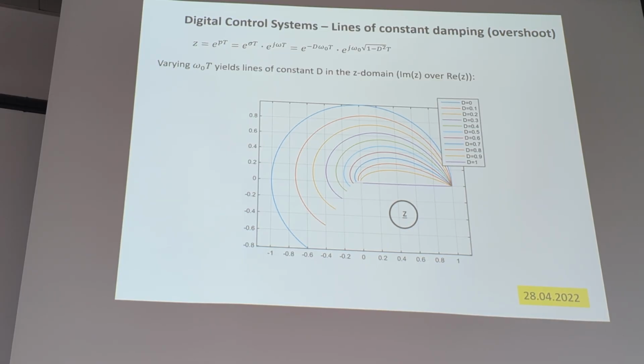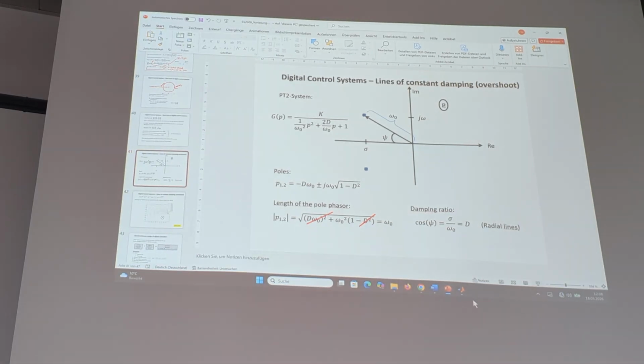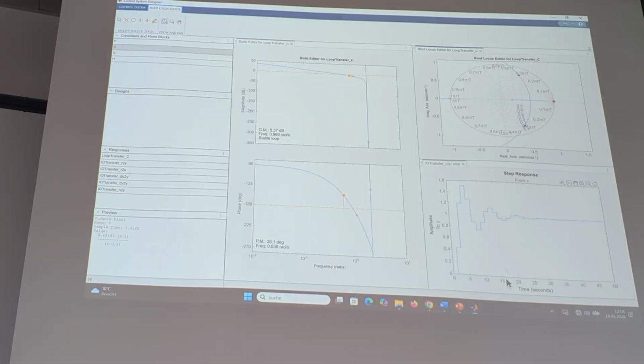Yeah, so these are actually the lines of constant damping, and if we go back to MATLAB, then this is what you see here inside the unit circle. The other ones are the lines of constant natural frequency.